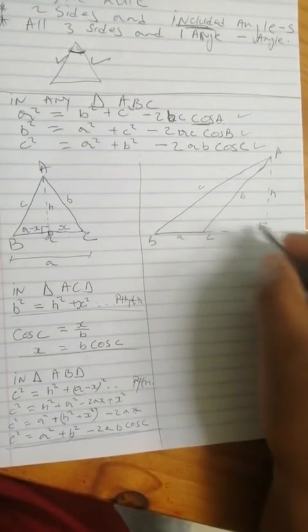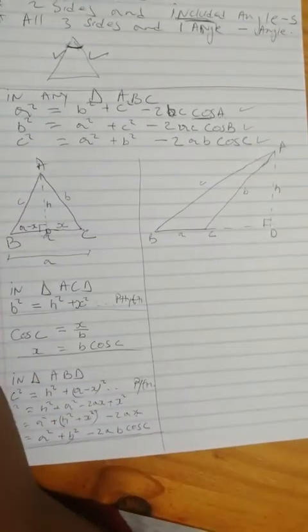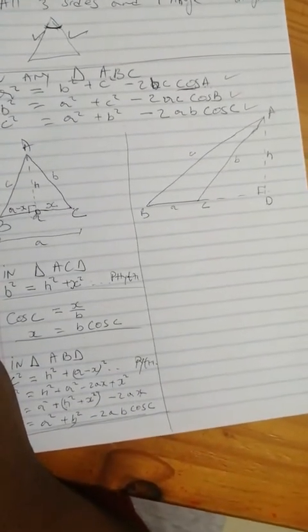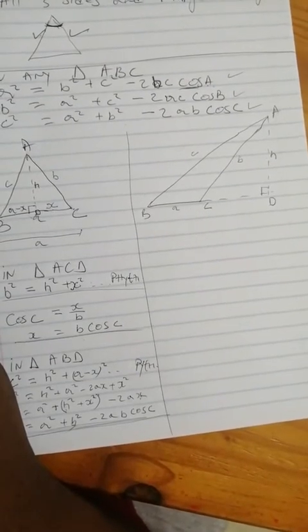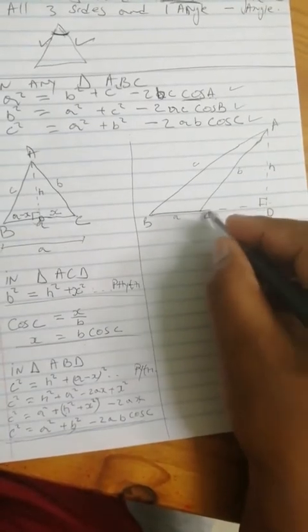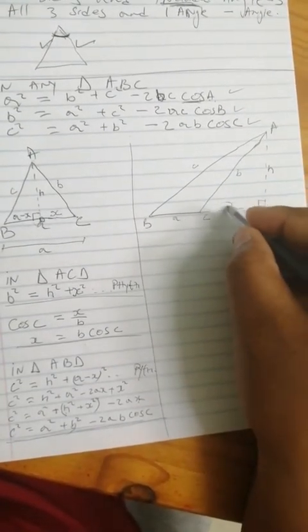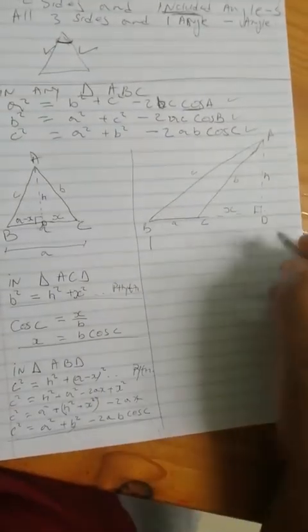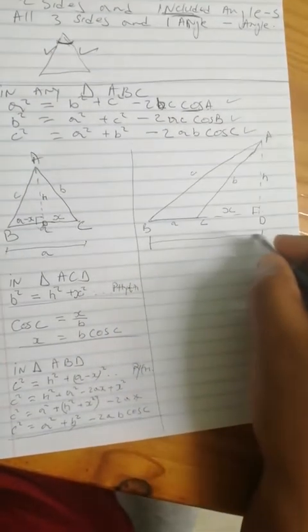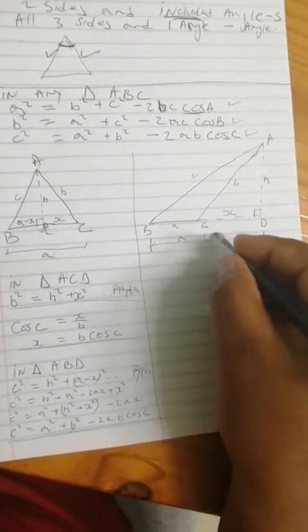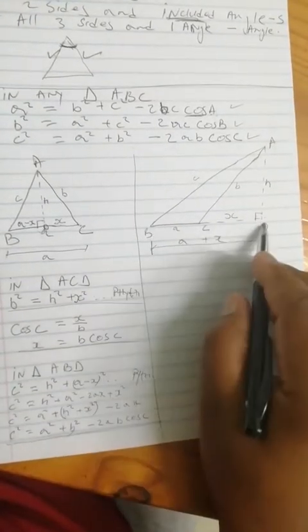So this is our height and this is D. Let's say CD is x. It means the whole of BD will be a plus x.